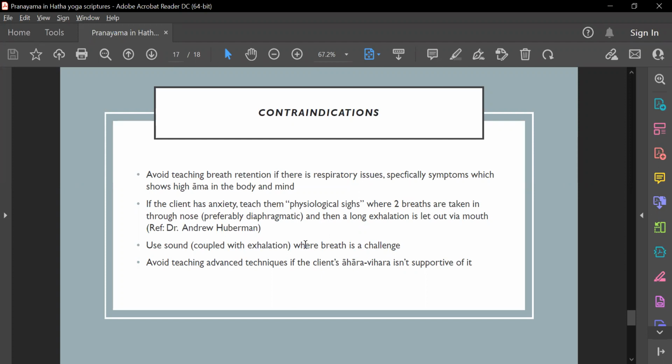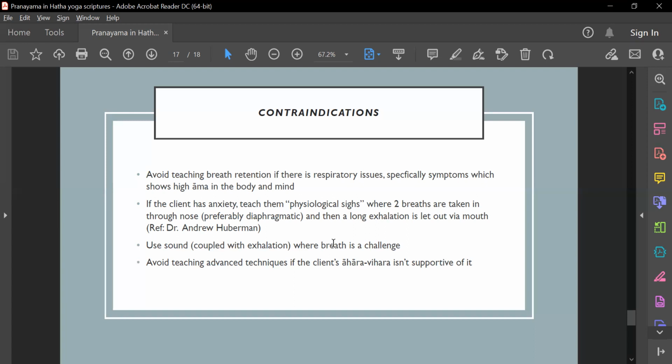And then where the breath is a challenge, so where the client is not able to concentrate or where it is intimidating to use breath. So a client who has anxiety issues, for them, if you try to guide them through breathing techniques, it can be quite intimidating for them because thoughts and breath are interlinked, right? So they have excessive thoughts.